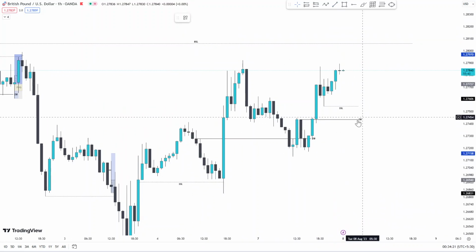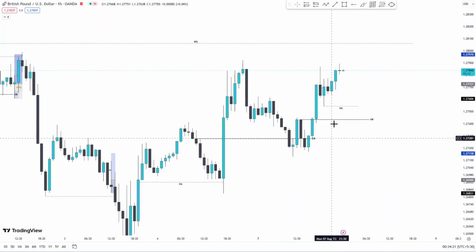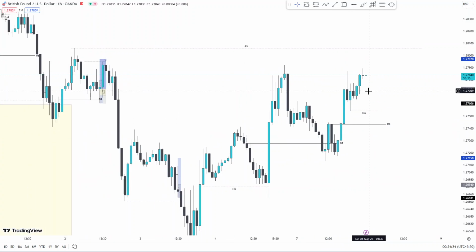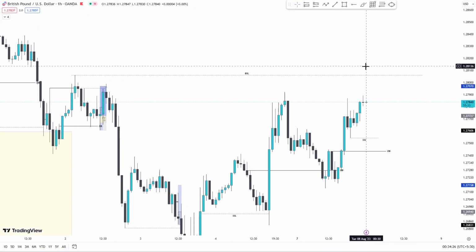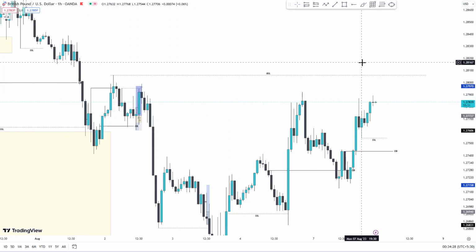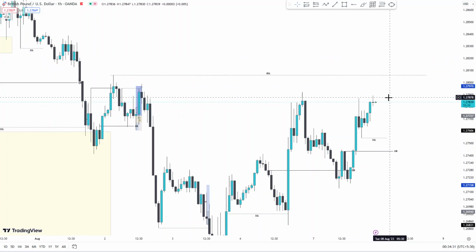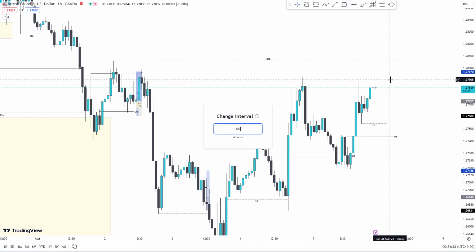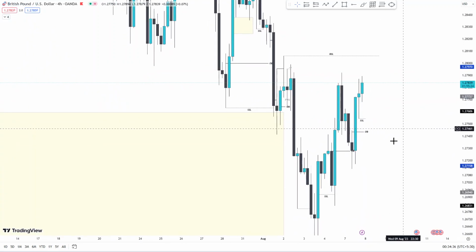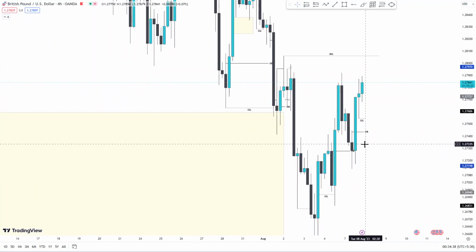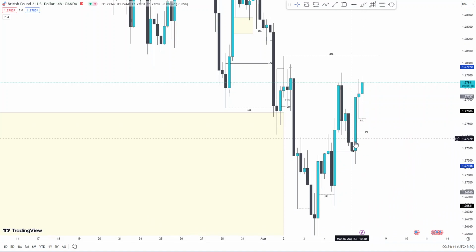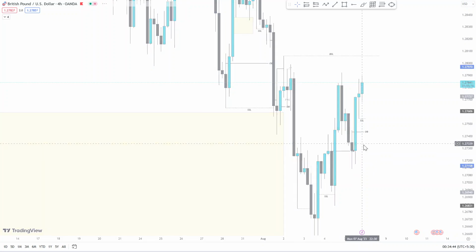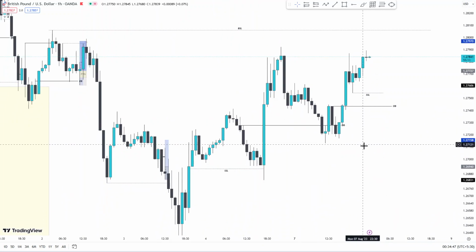So I'd be looking to go long from here in GU, and look for shorts if we have some confirmations here, because our higher time frame narrative is bullish and we don't have any unmitigated demand zones or unmitigated liquidity zones on the higher time frame on the downside.